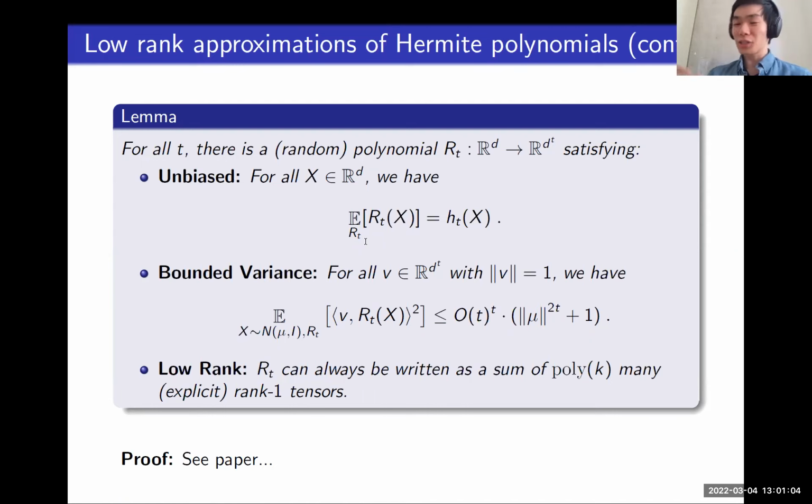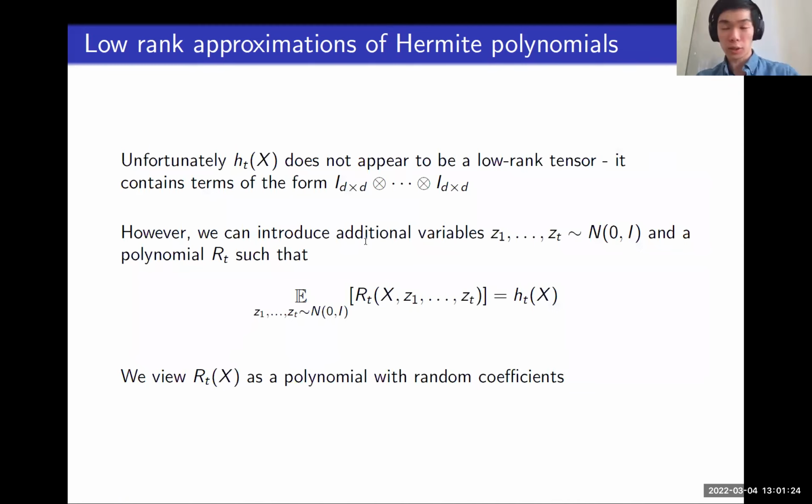So I guess there are two ways to think about it. One way is you use low rank things, and then add and subtract them to balance the variance, so that the variance is bounded. Another way to think of it is, what are the things I can use that have bounded variance? And those are tensors of Hermite polynomials of the Z_i, like H_{t1}(Z1) tensor H_{t2}(Z2) and so on.